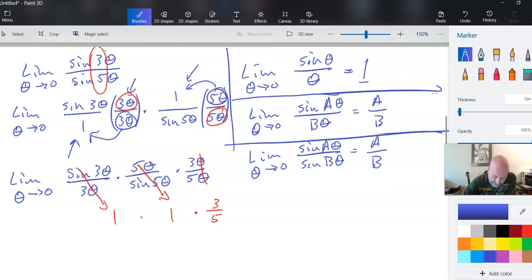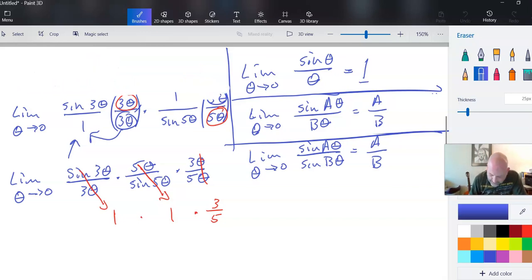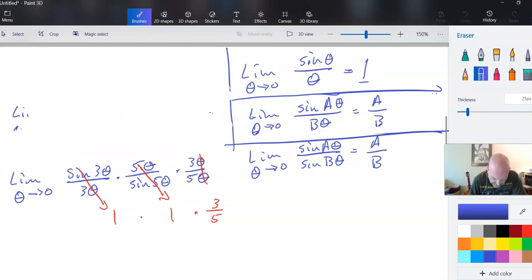And the proof actually follows exactly like this. We let 3 be a and 5 be b, and pretty much you can substitute directly in with those two values and work the same thing out generally. And so that's what I'm going to do. I'm going to go ahead and erase this, and we're going to take a look at it without the numbers and just with some generalized constants in there. We'll go from there.